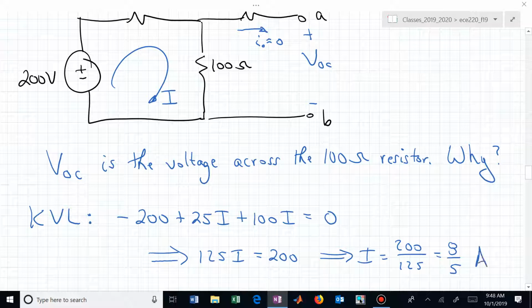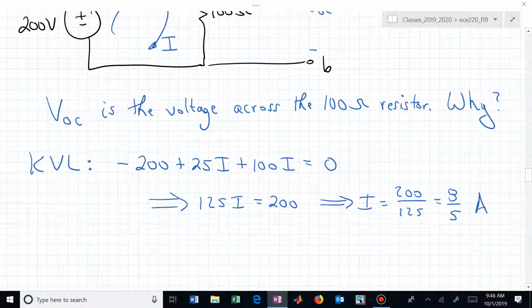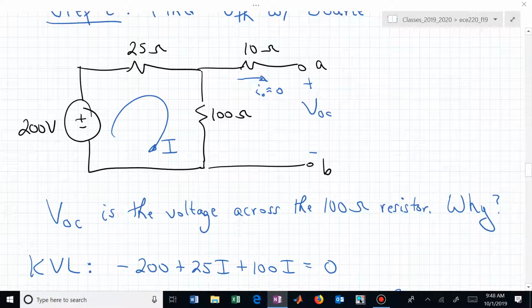Or we now have 8/5 of an amp flowing through that left mesh, or 1.667 amps. That current we can now use to find the voltage dropped across that 100 ohm.